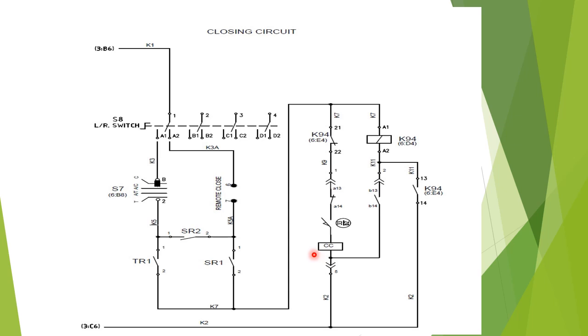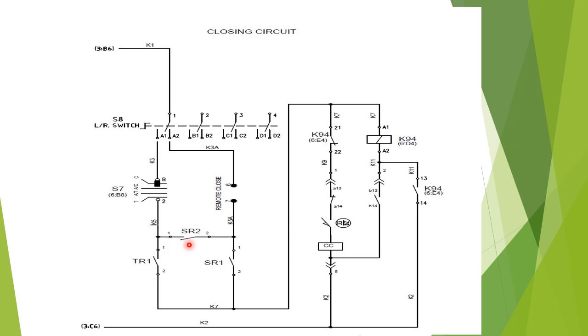Now if the breaker is in service position, the path will be different. The closing path will be from K5 to SR2 to SR1, since these two contacts are provided as limit switch contacts for a breaker under service position. So this contact will be in NC position under breaker service position.